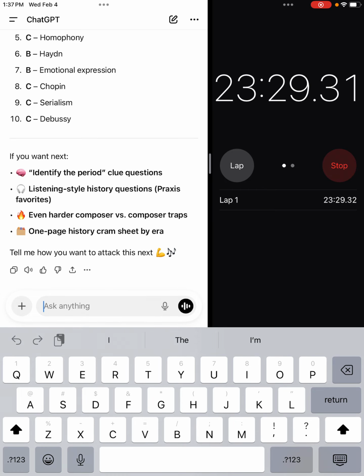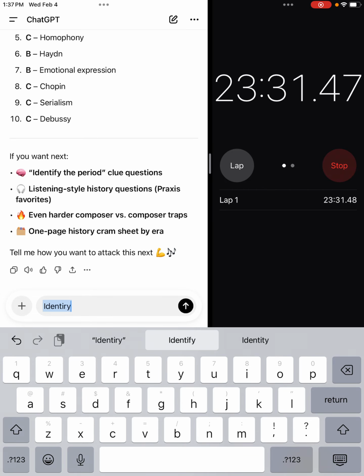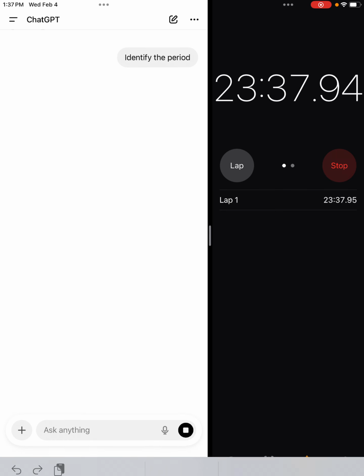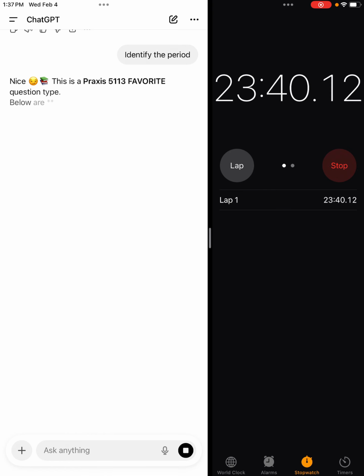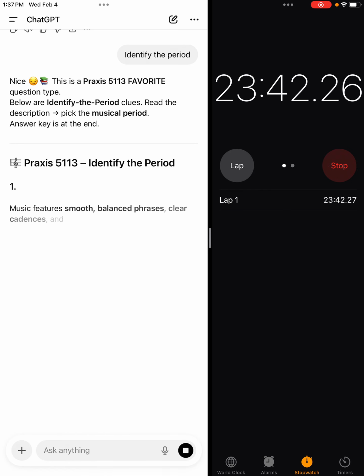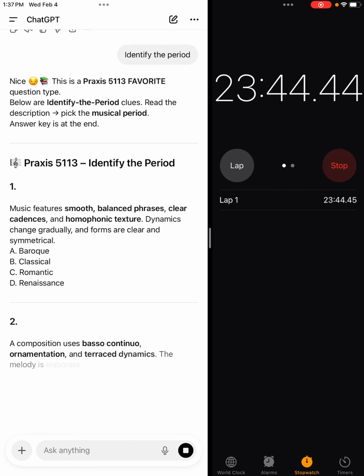Let's try to identify some periods. Let's make this easy. Identify the period. Pick the musical period.